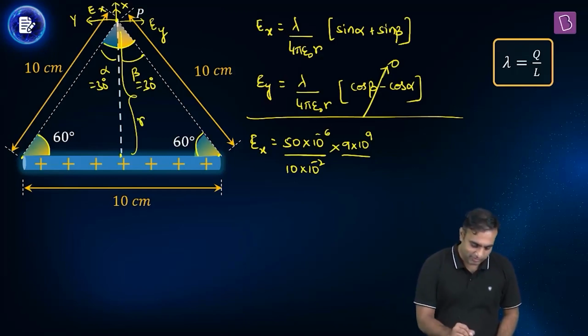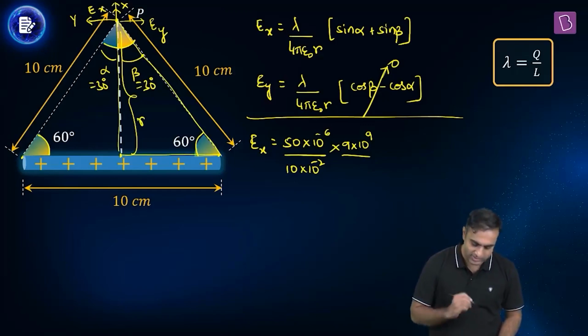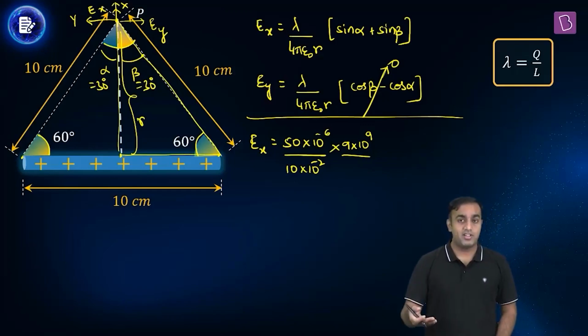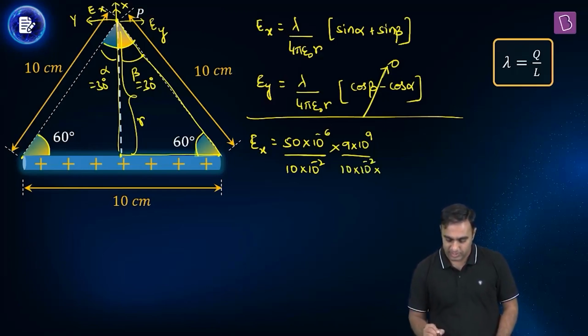This r, if you look at this right angle triangle, turns out to be 10 centimeter sine 60 degree, right? In that case, it is 10 to the power minus 2 into sine 60 degree, which is giving you root 3 by 2. Let's simplify.